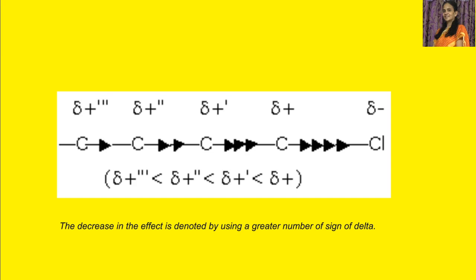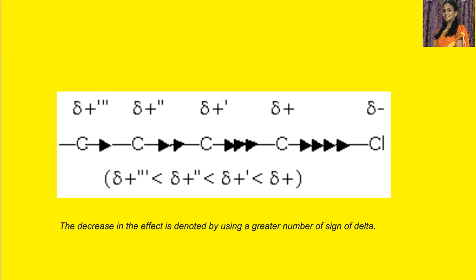And this inductive effect does not stop at the C1 carbon. It will be induced along the carbon chain. In between C1 and C2 also, the same effect, that is inductive effect, takes place. Because of that, the bond pair of electrons is attracted towards C1, since it has a positive charge.